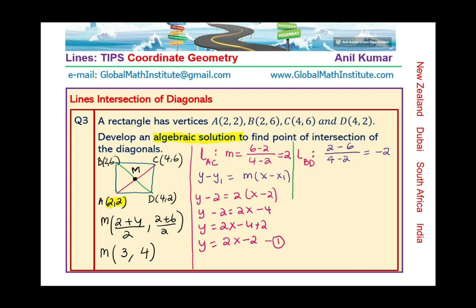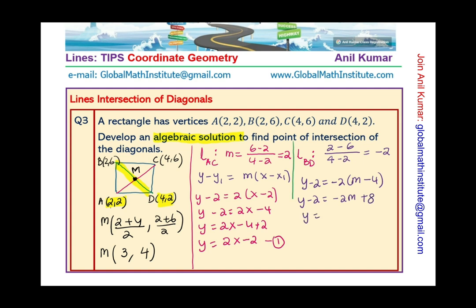The second line, let's find that equation, which points you want to take. Let's take 4, 2 as the point for the other diagonal. So in that case, y value is 2. So we get y minus 2 equals to slope of minus 2, x minus 4.